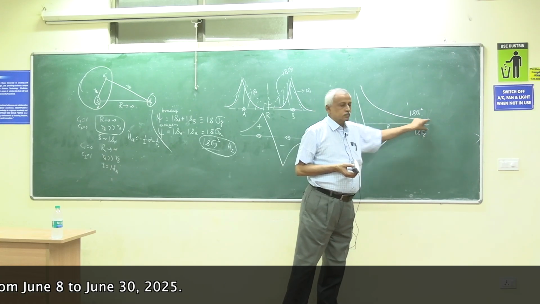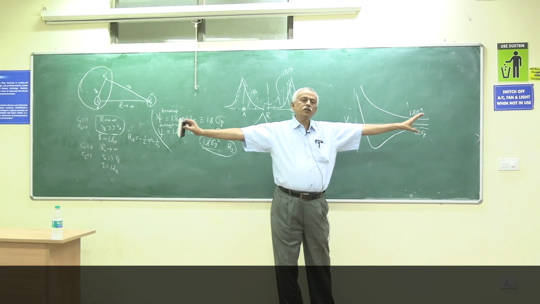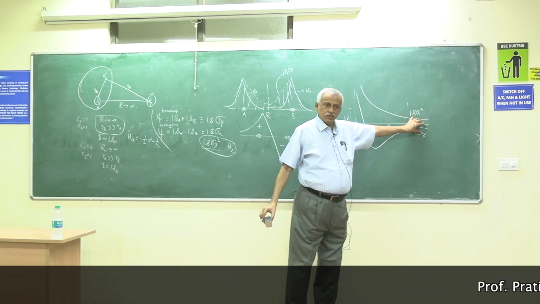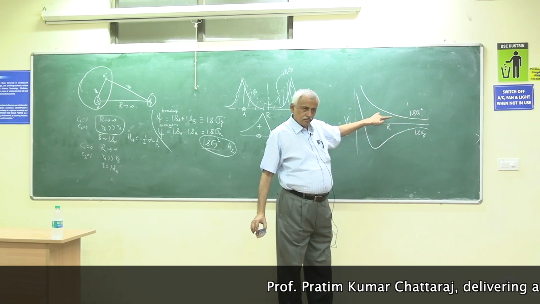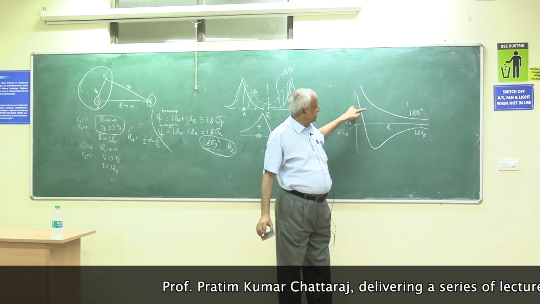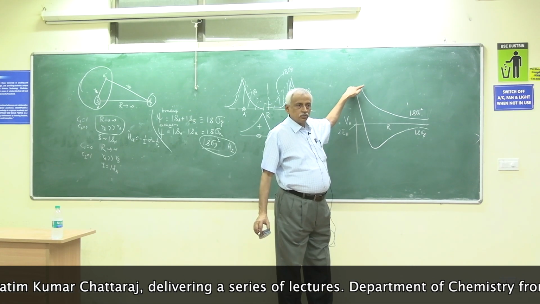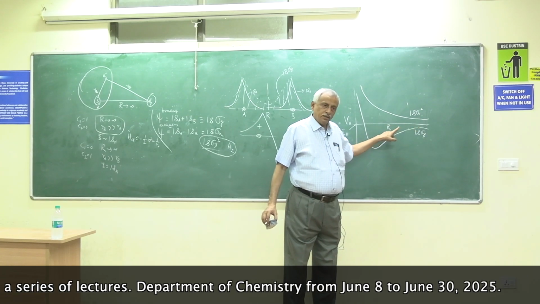When R is pretty large, two hydrogen atoms are more or less two separate atoms, so there is hardly any difference. But after that you can see that attraction is increasing, and ultimately when the two nuclei are very close, the repulsion shoots up.